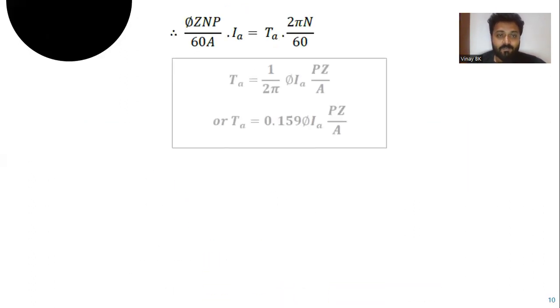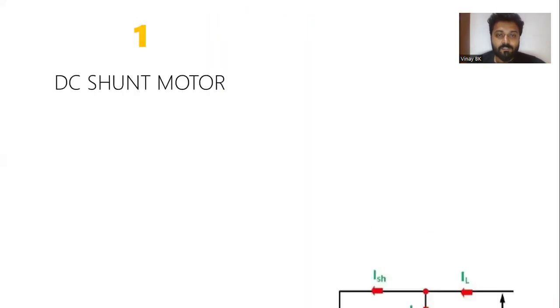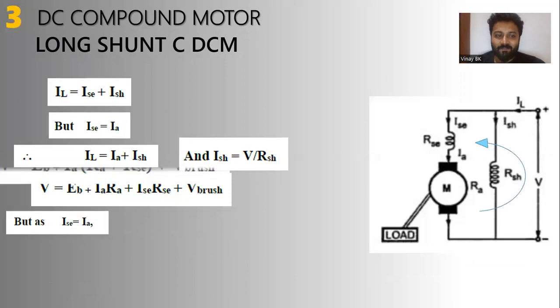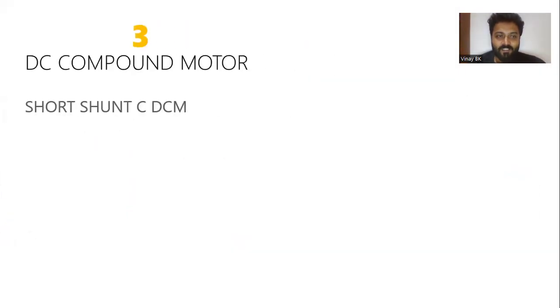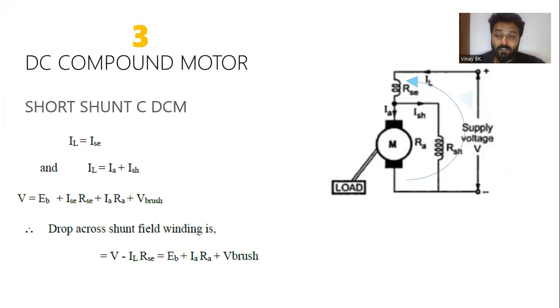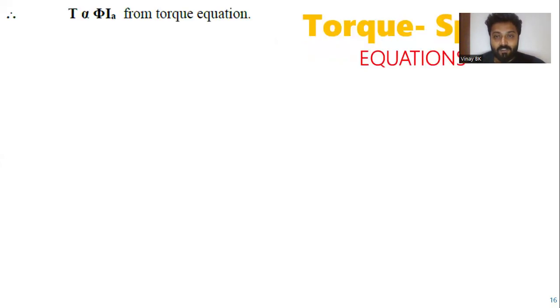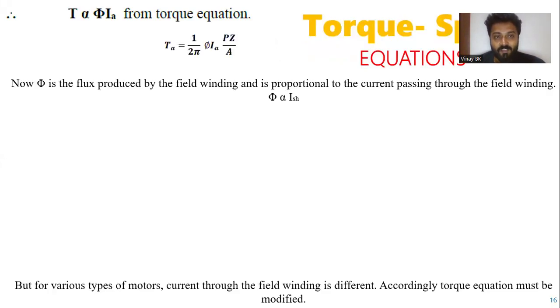Then I explained about types of DC motors: DC series, DC shunt, and compound DC motors, in that short shunt and long shunt DC motors, and also cumulative and differential, then torque speed equations, the relations.